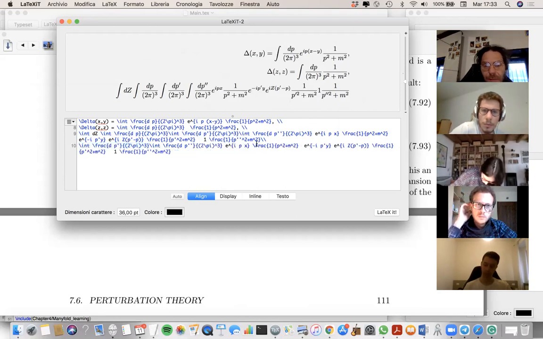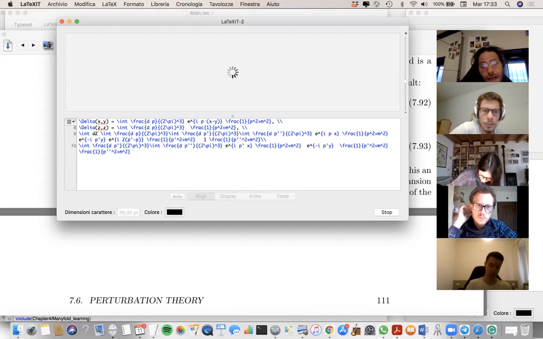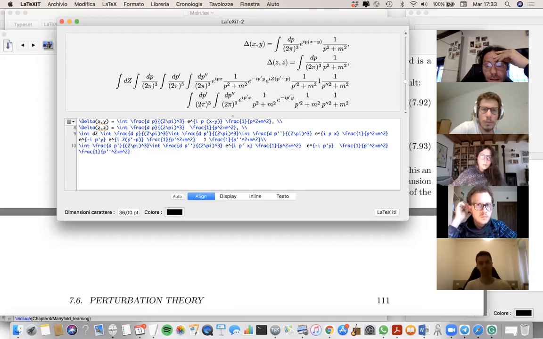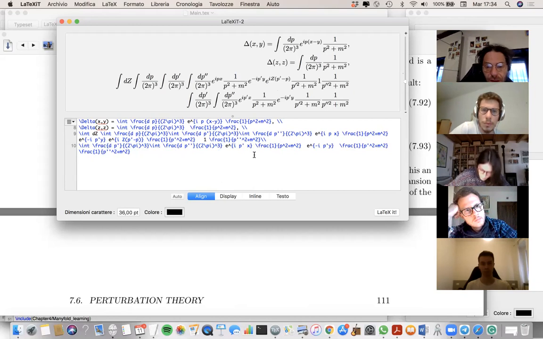This goes away. And if I've done things correctly, which may not be the case, I mean, of course, there's no such a thing. I have to put this first factor is not correct. There's this term here. I can put it here.